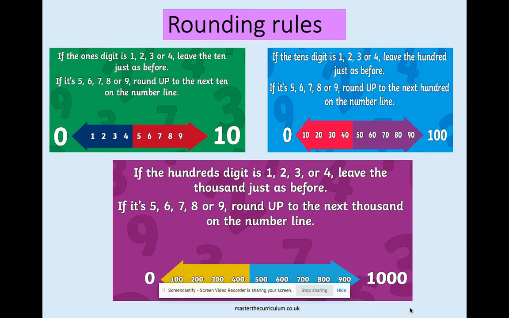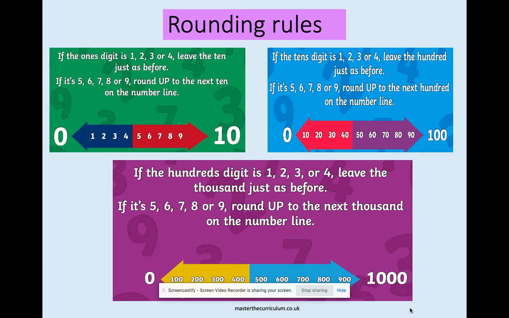Let's just quickly have a look at our rounding rules. Now, sometimes we get a little bit muddled up with our rounding, especially if we round large numbers to a large rounding number like 1,000. But the rules are very similar. If the ones digit is 1, 2, 3, or 4, we leave the 10 just as before.